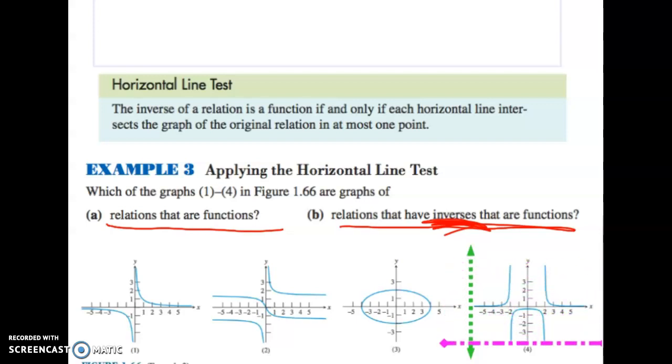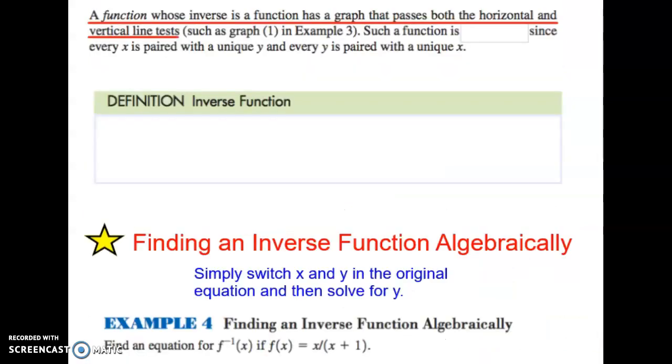So, one quick thing that tells us, maybe you covered this in Algebra 2. Let's see if it's on the next slide. Yes, it is. Okay, so a function whose inverse is a function, so if the original is a function and the new one is a function, if they pass both the vertical and the horizontal line test, like graph 1, we'll go back to that in a second, that is called 1-to-1.